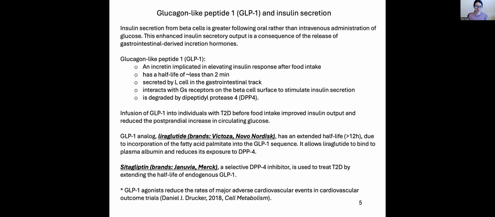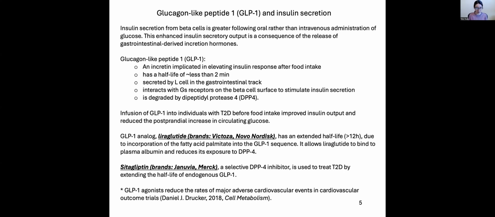So when people infuse this GLP-1 into type 2 diabetic patients before food intake, they observe that there is an improvement in insulin output. It also reduces the glucose level after a meal.